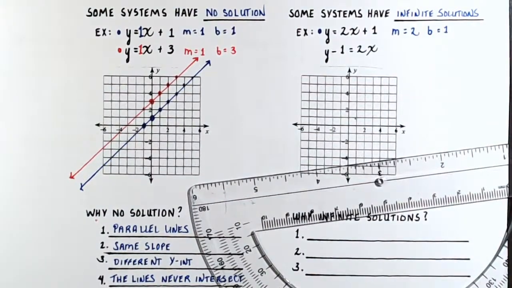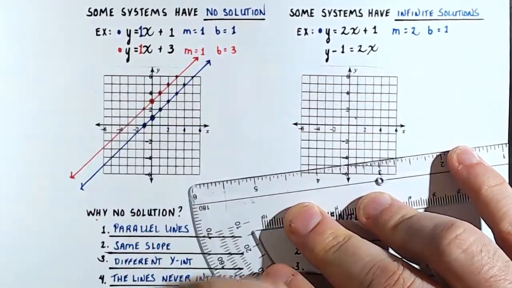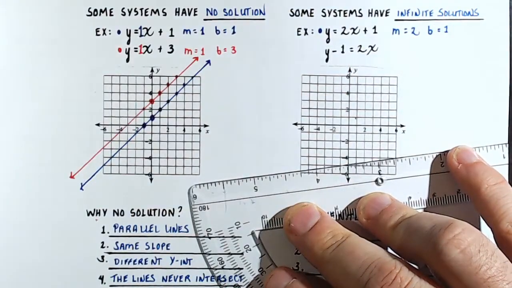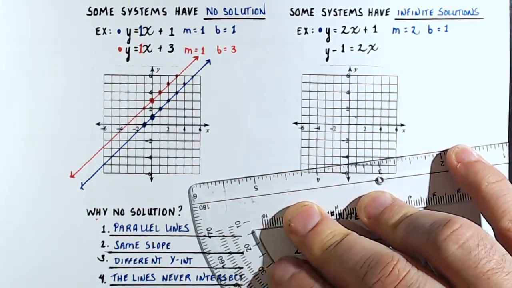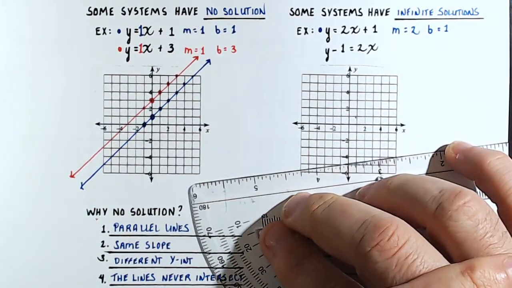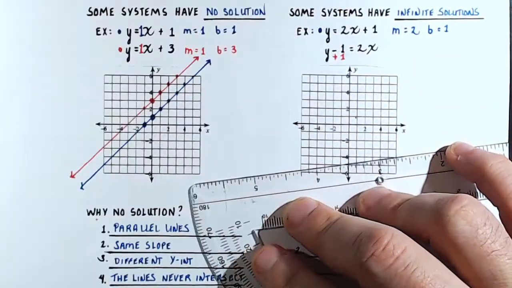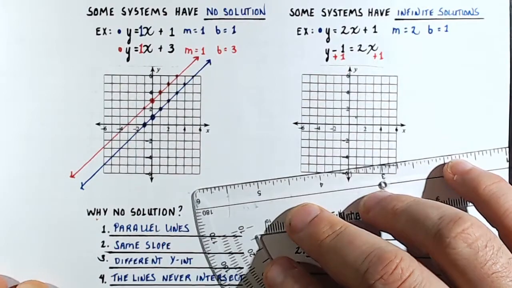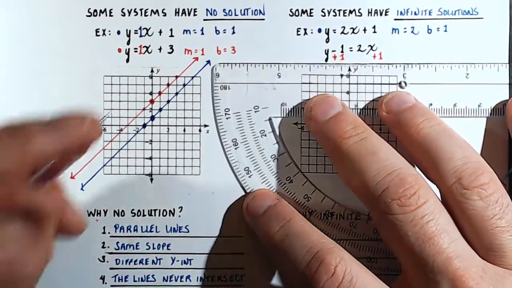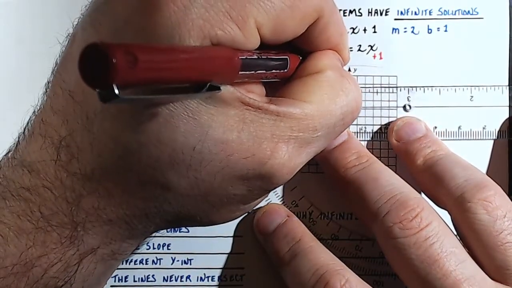Okay, the second equation, I actually have to do a little bit of surgery on it before it's ready for prime time. I need y by itself. So just one step, we'll get y by itself. This will be my red equation, so I'll do this in red. How would I get y by itself? I have to add 1 to both sides. On the left side of the equation, -1 plus 1 is just 0.